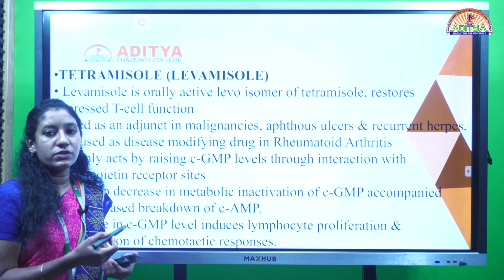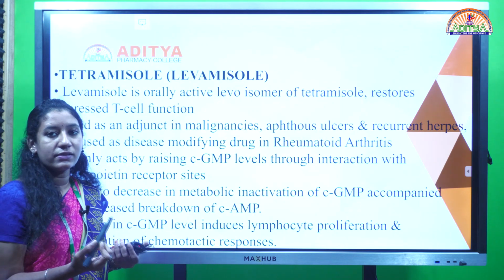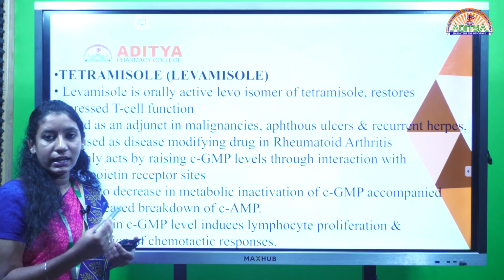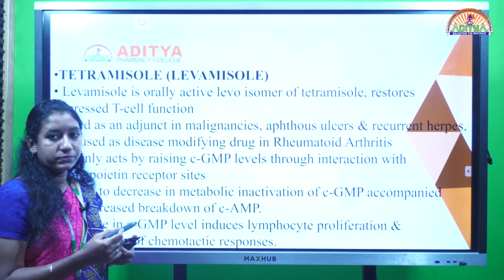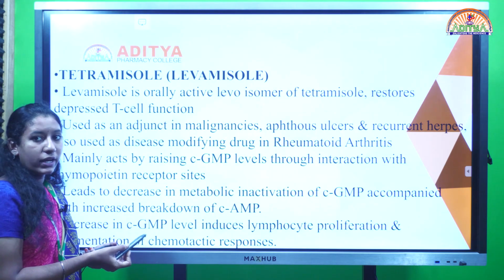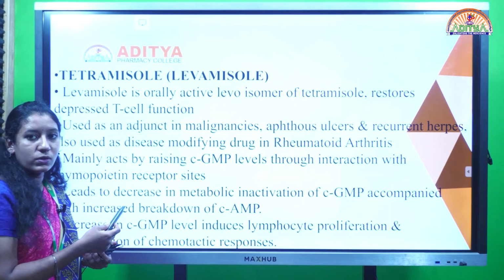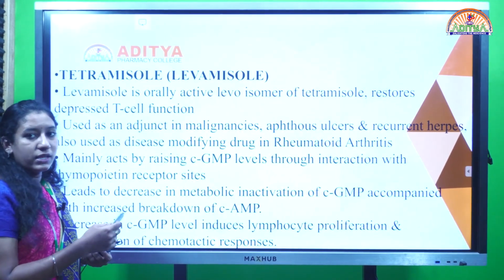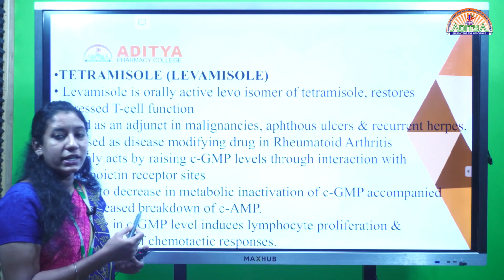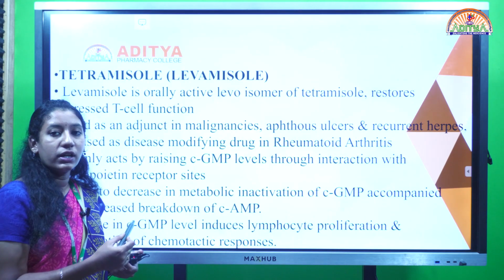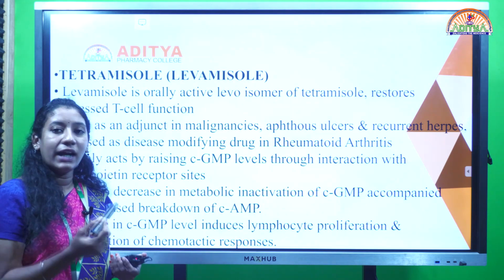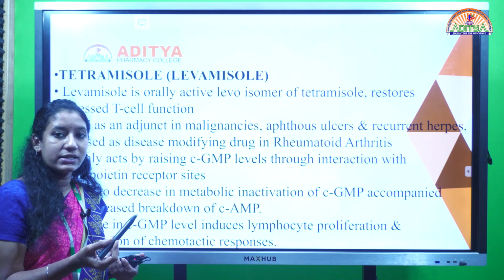What is the function of cyclic GMP levels in the immune system? Generally cyclic GMP causes the proliferation of lymphocytes. So drugs like tetramisole or levamisole will increase the levels of cyclic GMP. They also inhibit the metabolic inactivation of cyclic GMP and thereby increase its levels.